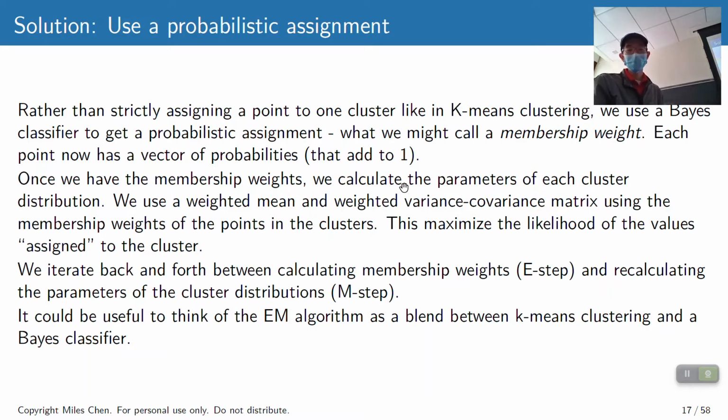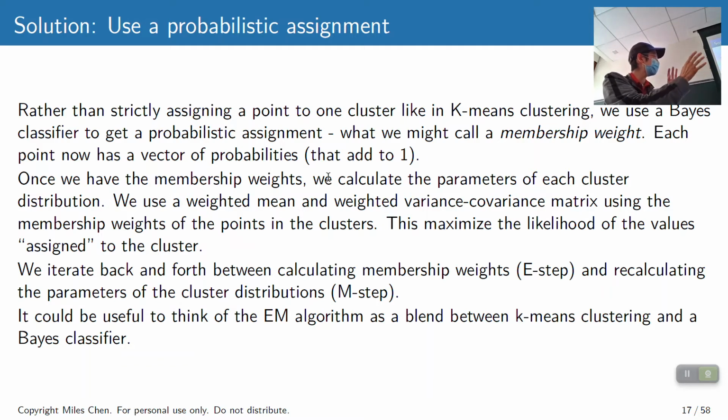Once we have the membership weights, we calculate the parameters of each cluster. We calculate the mean by using a weighted mean. We calculate the variance-covariance matrix by using a weighted version of it. And then we maximize, and that's the M step.